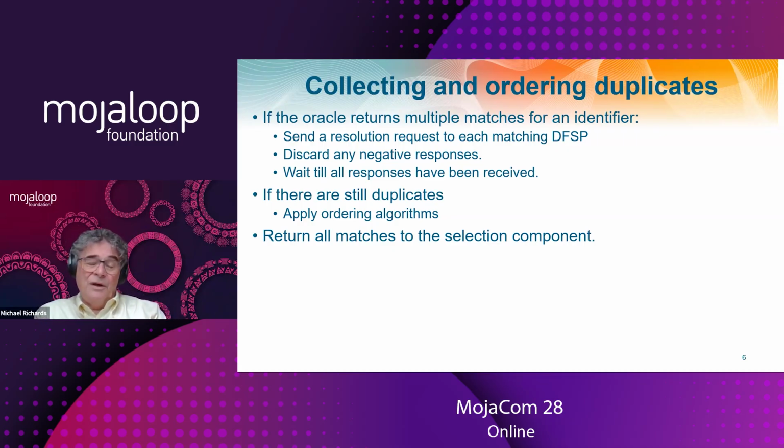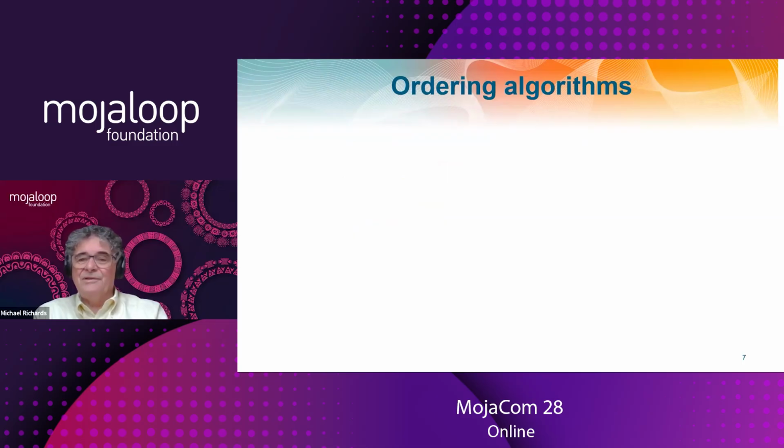There is also currency associated with it, so we could also retrieve information about the jurisdiction in which that account existed, which might also be of use in deciding which of them you wanted to route the payment to. But let me talk in the first instance about ordering algorithms.